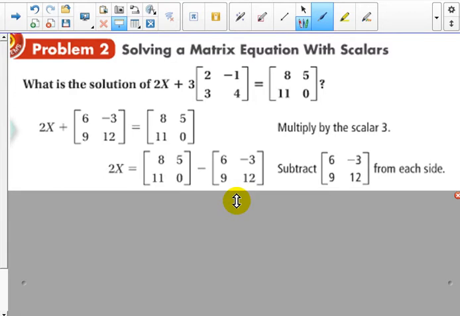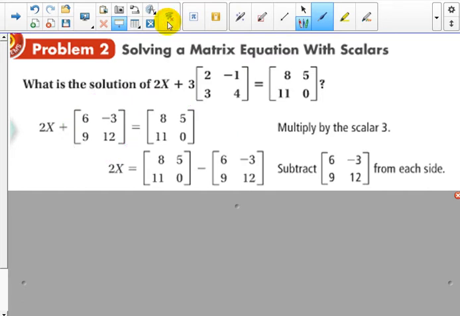So this becomes 6. 3 times negative 1 is negative 3. 3 times 3 is 9. And 3 times 4 is 12. So that's the first step. Now we have 2x plus this matrix equal another matrix. Now we've got to do algebra like we did yesterday. So we've got to get this matrix over here. So we have to subtract it from each side, right?